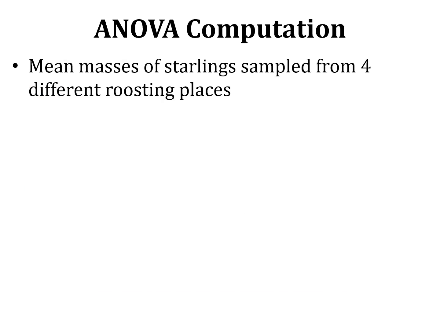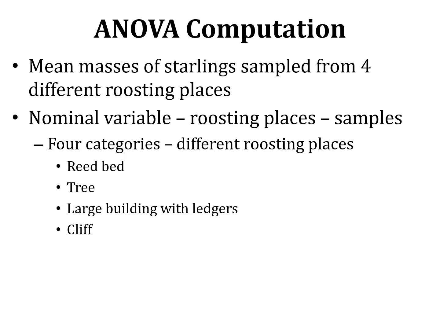Let's do an example here for the ANOVA computation. The example is mean masses of starlings sampled from 4 different roosting places. The nominal variable in this analysis is the roosting place, which constitutes the samples.